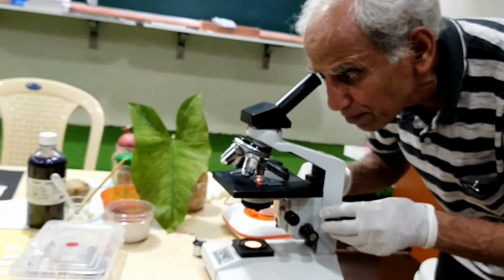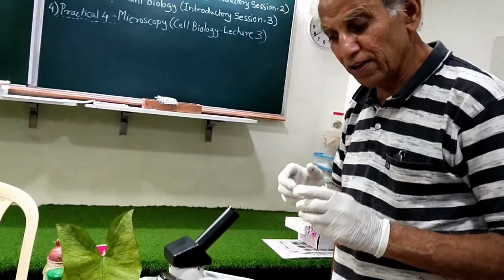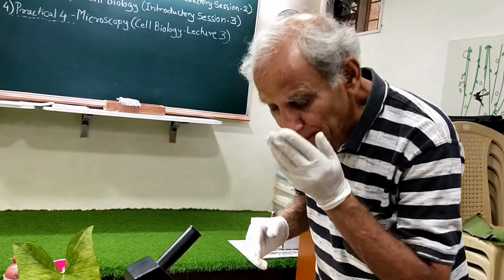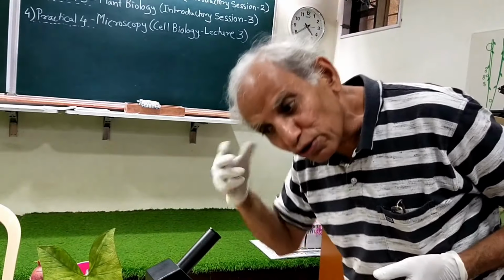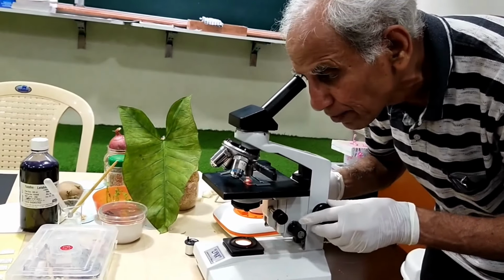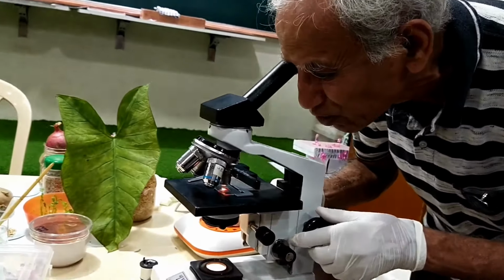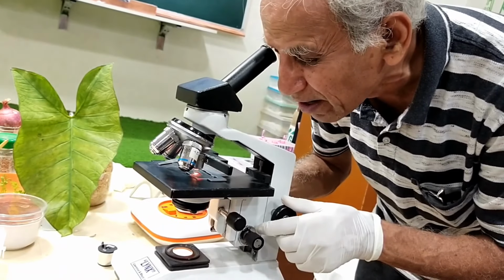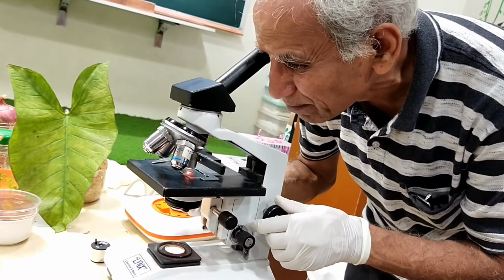What is the advantage of keeping both eyes open? I can look for a longer time. Why? Because if I keep one eye shut, then the eye that is shut gets some strain, and the eye that is open also gets some strain. While I am keeping both eyes open, look at me, and I can see very comfortably. So whenever you get a chance to look through the microscope, right from the beginning make a practice to observe with both eyes open.